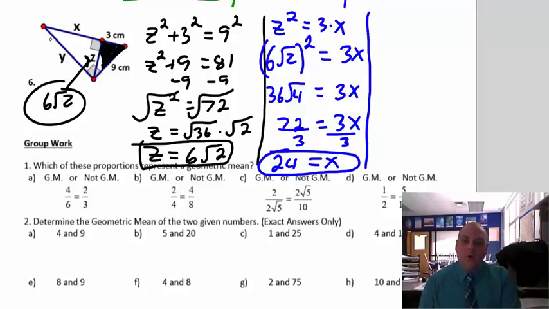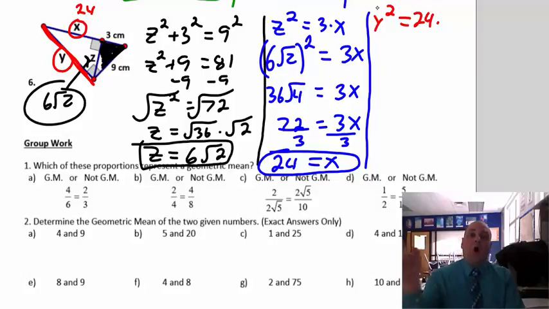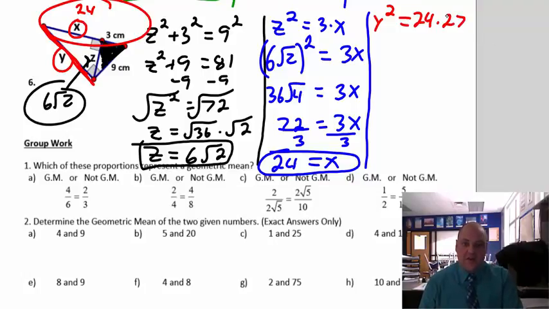Last one. Because now that we know x is 24, now we can find the other leg of the original right triangle using a geometric mean. Y squared equals 24 times the whole hypotenuse segment, which is 27. 24 times 27. Remember, closer hypotenuse segment times the whole hypotenuse.